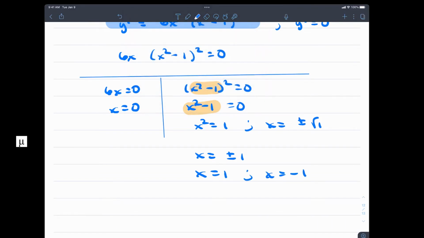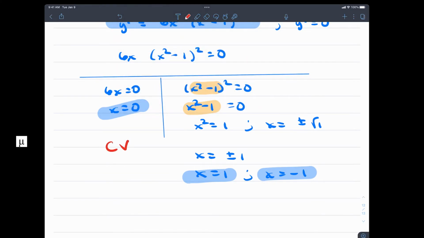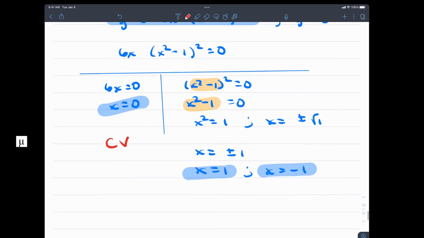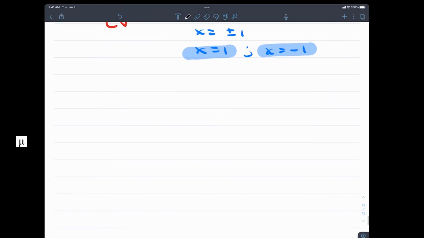Notice, what are these again? CVs, critical values. So the homework you had to do on critical values is valuable. You got to do that algebra. You got to do these derivatives. But this is the first time we have seen what?